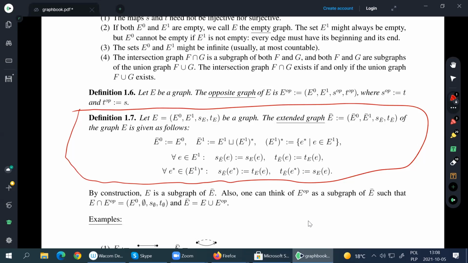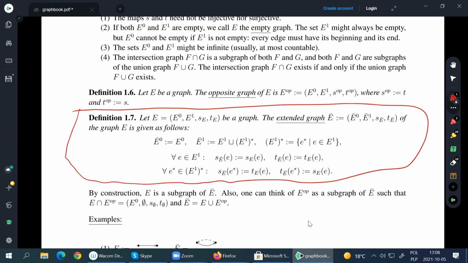And as you can guess, whenever you have an edge e in the set E1 of the original graph, the source and target maps are simply the source and target maps that we already had in the initial graph. And here something interesting happens when you take an edge which comes from this ghost image, the mirror copy of an arrow in E1.